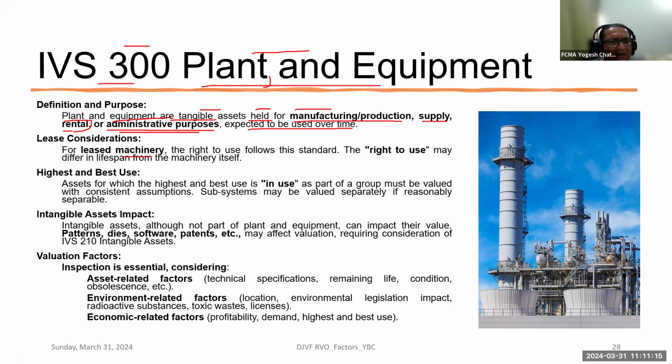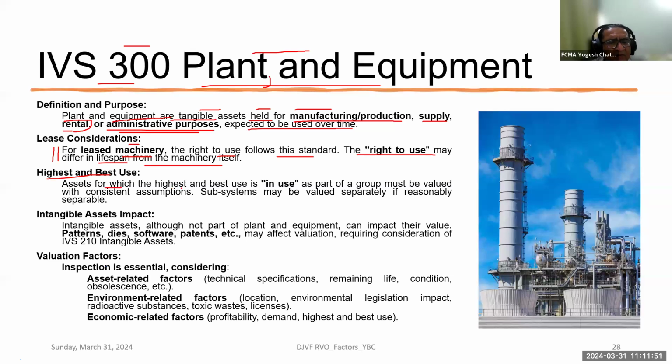And for leased machinery, the right to use will follow this standard, and a right to use may differ in lifespan from the machinery itself. So highest and best use, as we all are aware, this is the premise and guidance on premise of value that we get from IVS 104. So under a basis of value, we have the premise of value, and premise of value is nothing but the intended use or the expected use of the plant and equipment.